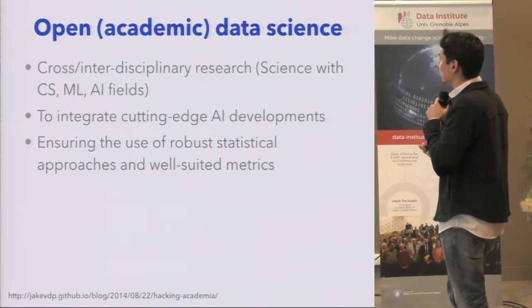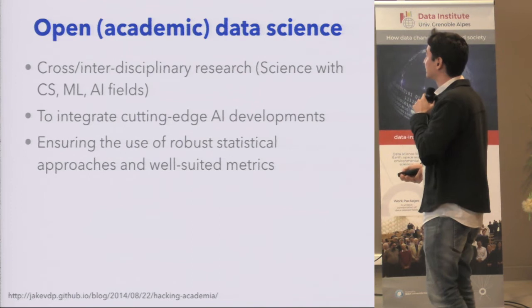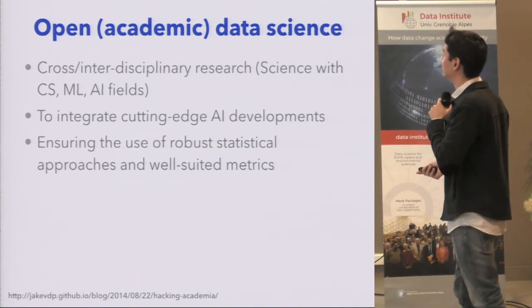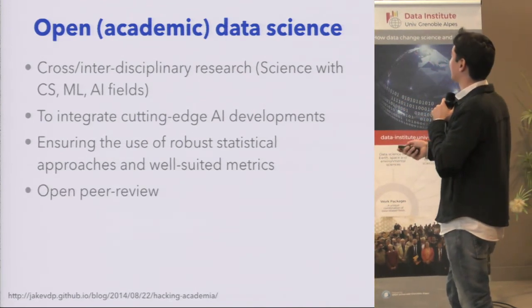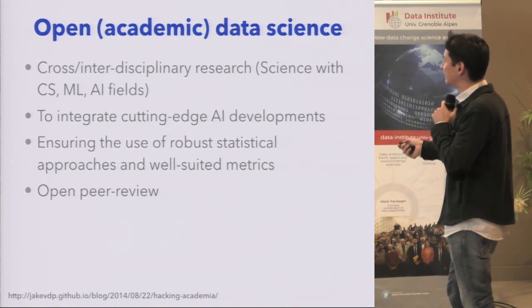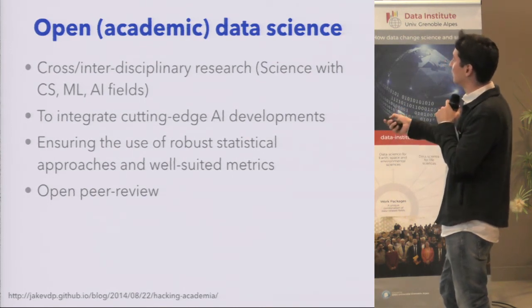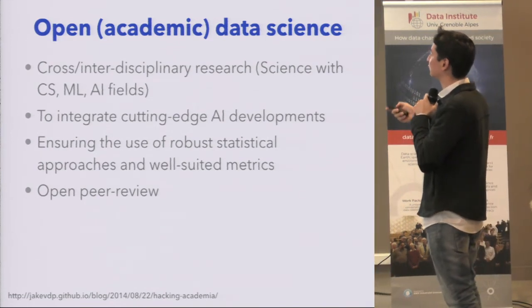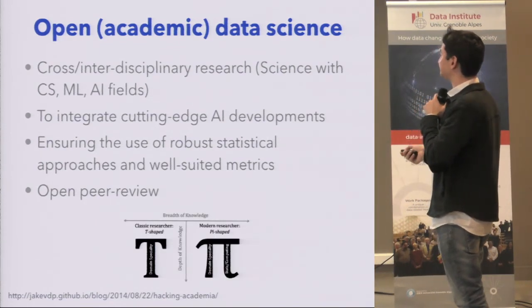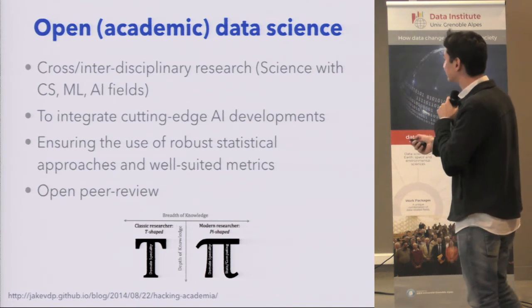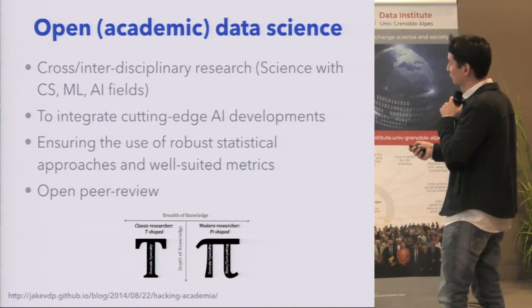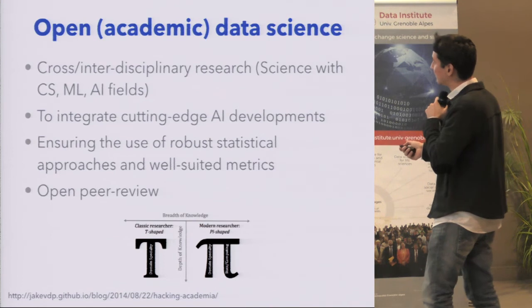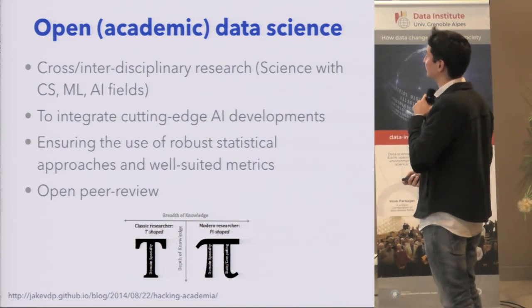And also we want to ensure that we use robust statistical approaches and well-suited metrics. Perhaps we need to learn more about what people from computer science do, these open peer-reviewed systems.